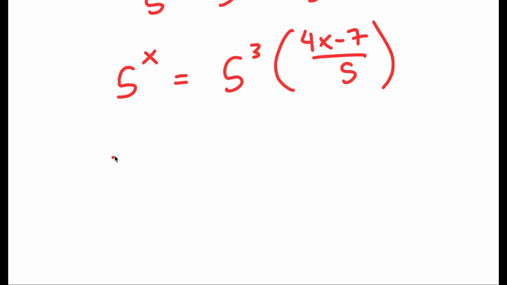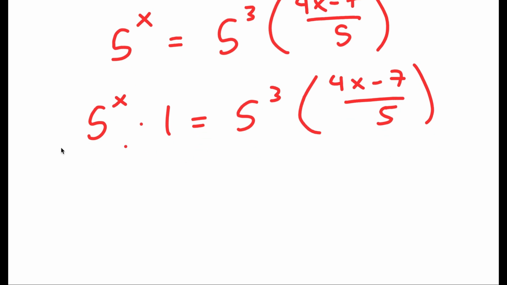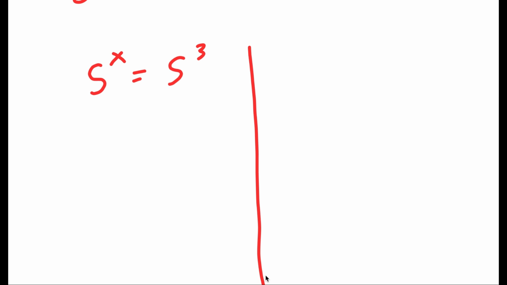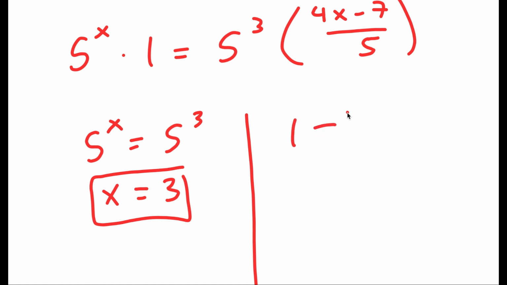And now for my left-hand side, this is the same thing as 5 to the power of x times 1 is equal to 5 to the power of 3 times 4x minus 7 over 5. So now, the reason I did all of this is so that we have 5 to the power of 3 now. And now when I set them equal to each other, my left-hand side is going to have a solution of x is equal to 3. And my right-hand side, I have 4x minus 7 over 5 is equal to 1.